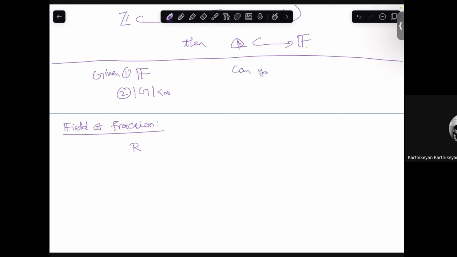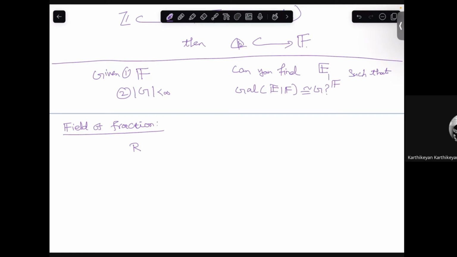Can you find an extension E such that it's a Galois extension, with Galois group of E over F isomorphic to G?